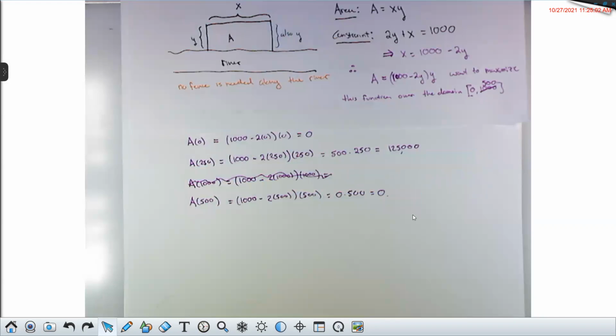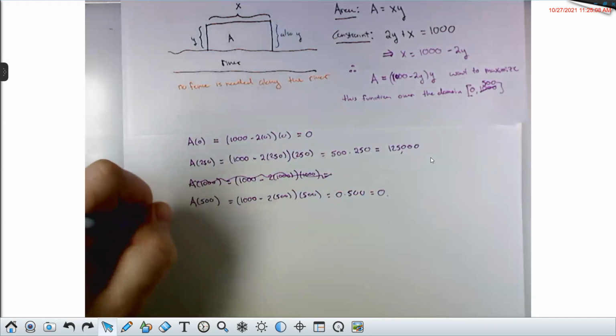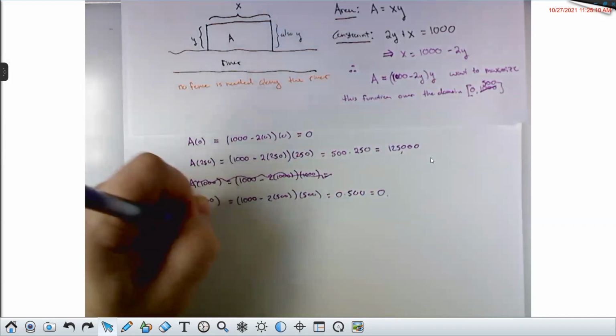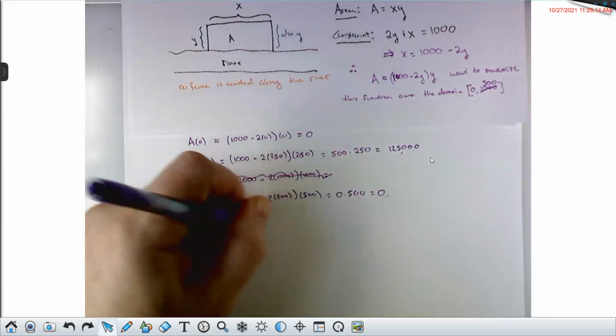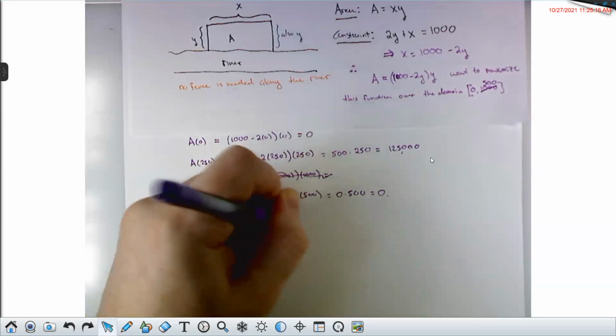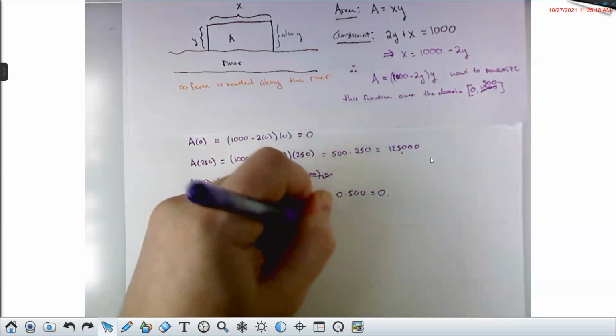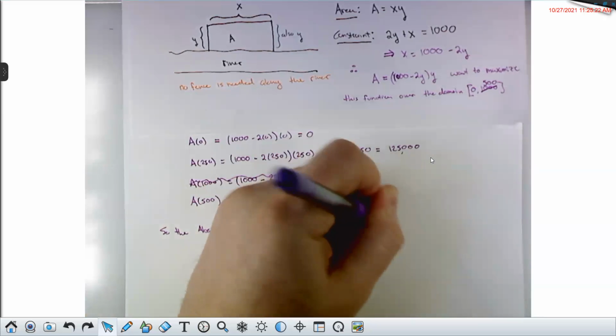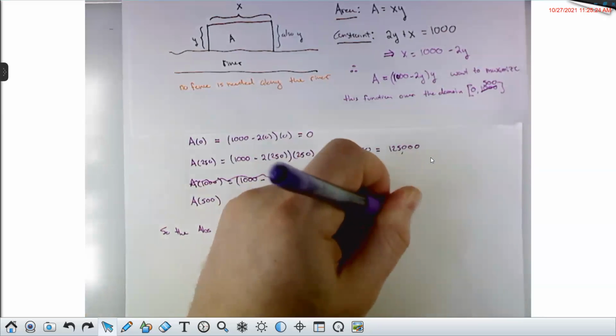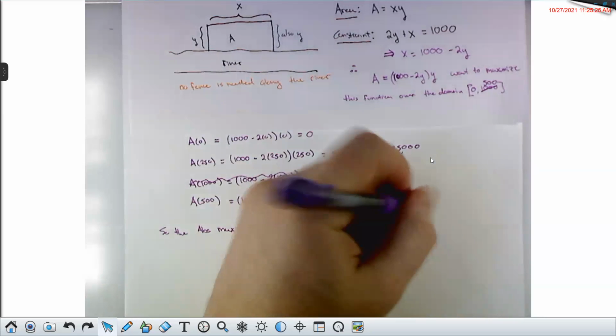At the endpoints, we get 0. And at our critical number, we get 125,000. So the absolute max for our area function is 125,000. And this is square feet.